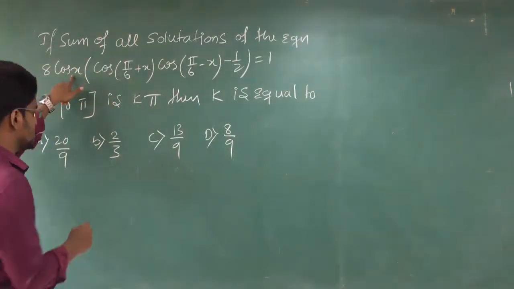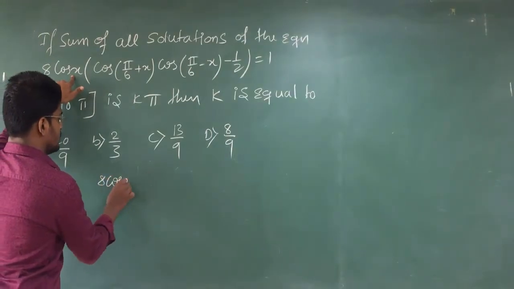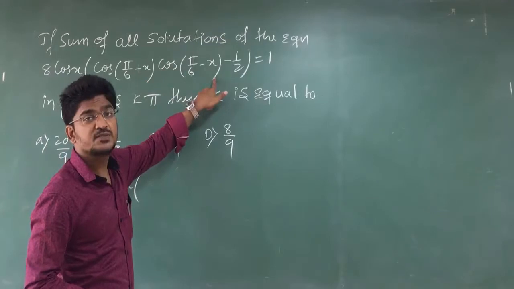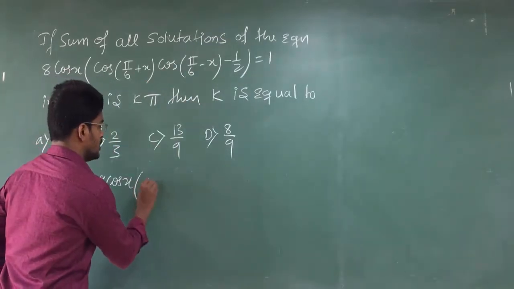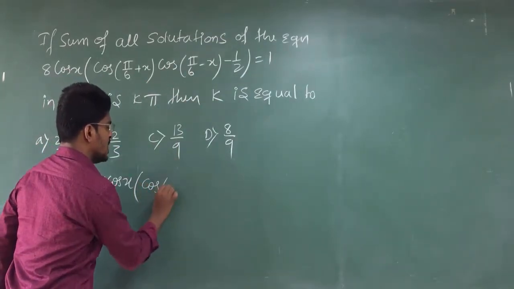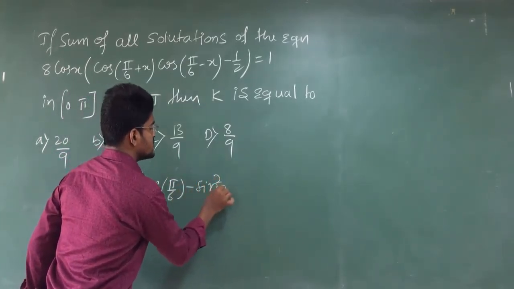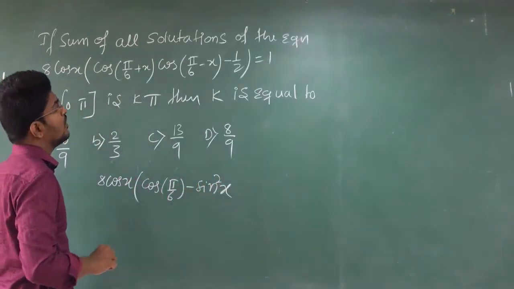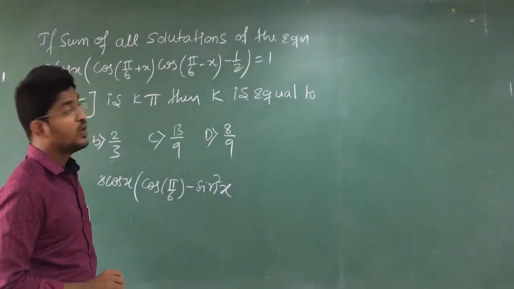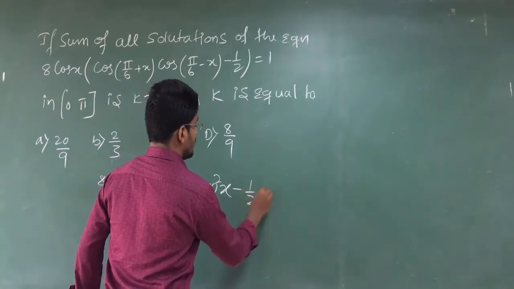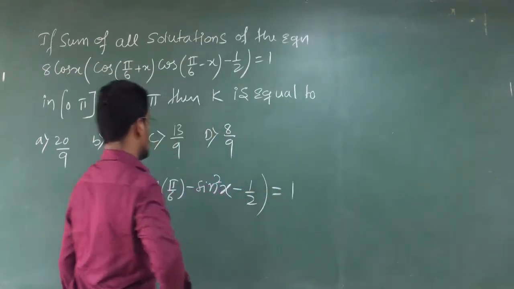See, 8 cos x I will write as it is. cos a plus b cos a minus b can be written as cos square a minus sin square b. Then minus 1 by 2, that is equal to 1.